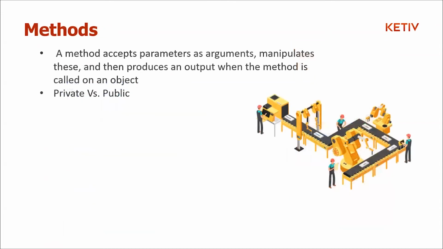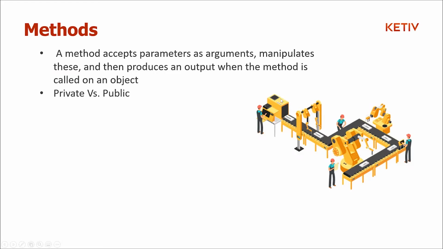Then finally, methods. So methods are like your factory line, where you have objects or variables that you send into the function. It does things, and then it spits it back out if it's a function. If it's a sub, then you don't get a return value. And we'll see these in practice. If you've done procedural programming, you're familiar with these.